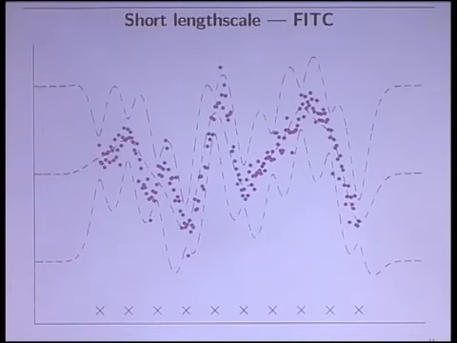But suppose we have some much more complex data that really does have a short length scale that you need to model well. Well, if you just stick with the same number of pseudo inputs, then it really doesn't do a very good job. In between each pseudo input, the variance just grows because it can't model the correlations in those regions at all.